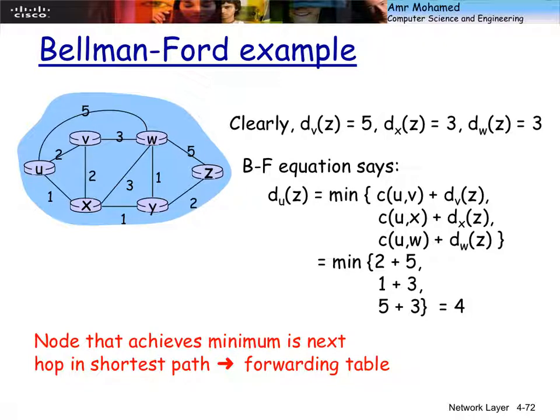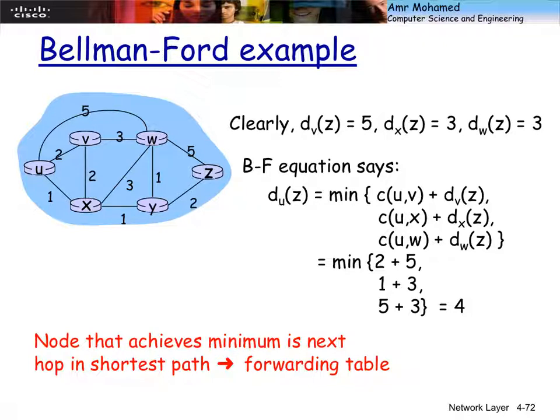So now, what we can say is that the cost from U to Z is based on the cost that I know from U to all the adjacent nodes plus these distances. Okay? If I know these distances, which means I receive them from V, X, and W, they have given that to me.